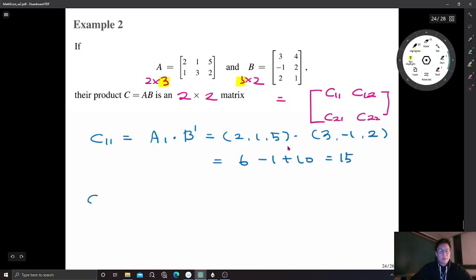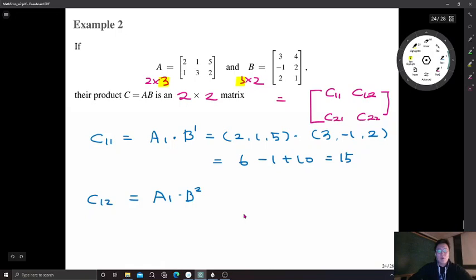And then C sub 1, 2 is the dot product of the first row vector of matrix A and the second column vector of matrix B. Okay, so C sub 1, 2, the first row and second column entry of the product, is going to be the dot product of the first row vector of matrix A and the second column vector of matrix B. Now you can see some pattern.